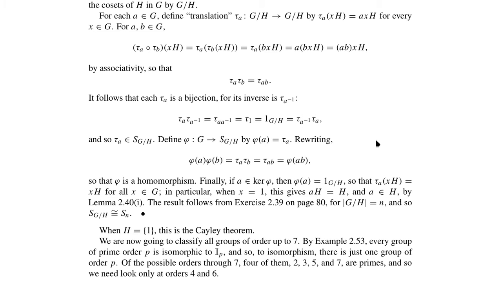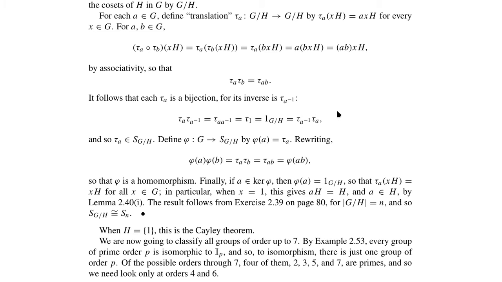This S of G mod H, like SG, is filled with these bijections tau of A, which work out like this. Now what you do is, like before, you define a map taking you from G to S of G mod H, which gives you a translation for each element.